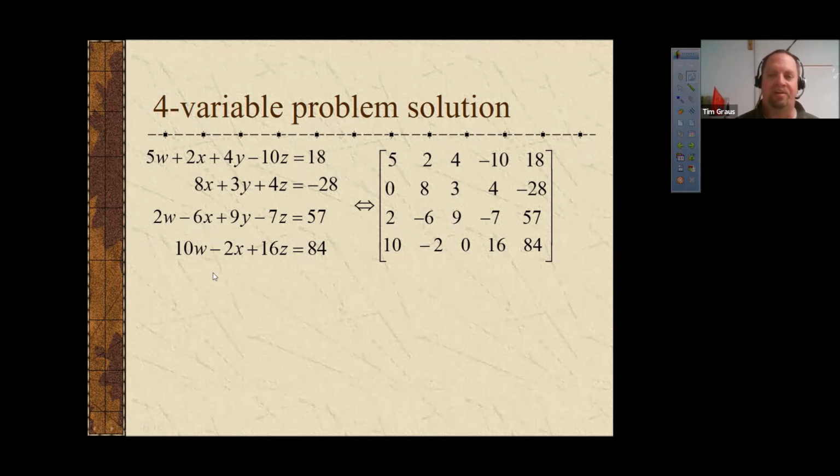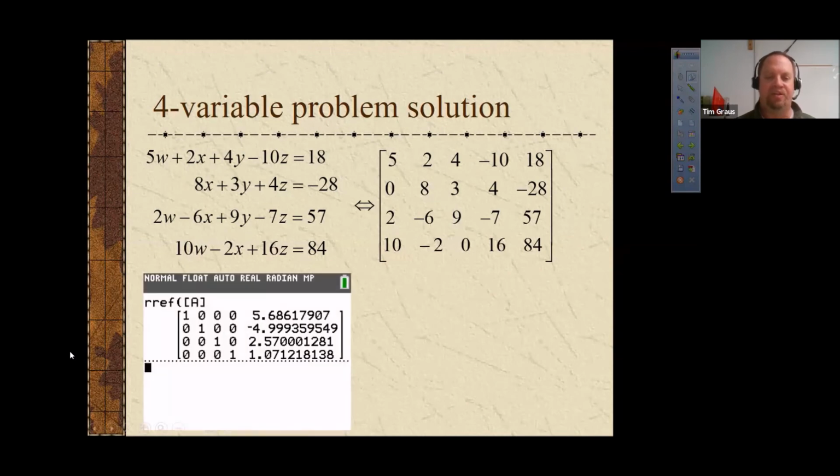Put all this in the calculator, have it do RREF, and you're going to get this result: 5.68617. If a decimal version of these answers is not acceptable, it is sometimes possible for your calculator to turn all those decimals into fractions.